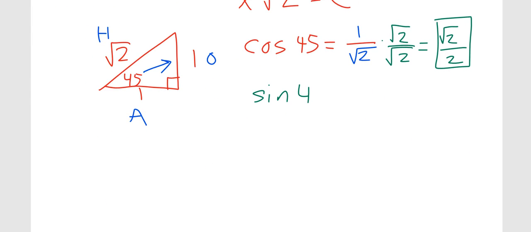Okay, how about the sine of 45? Sine of 45. Yeah, what do you got? That's true. I like that. What numbers? 1 over radical 2. Oh, it's the same thing. Wow.